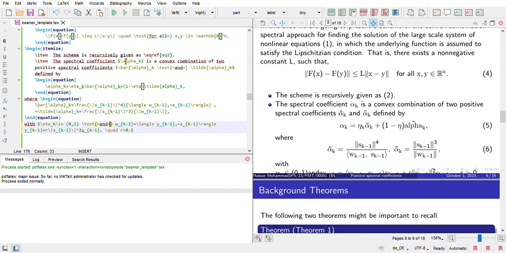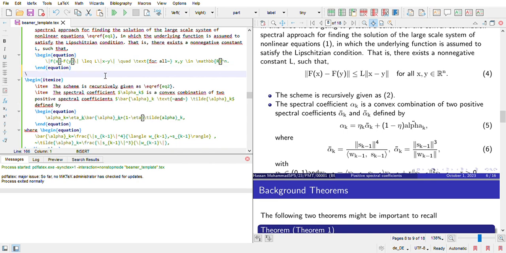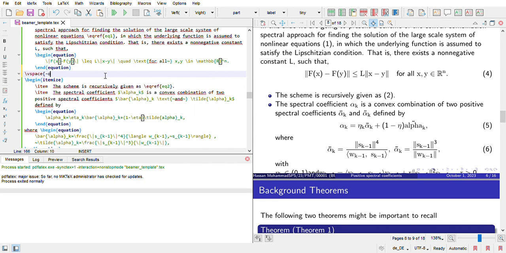So maybe what I will do is reduce the space between that equation and the itemize, maybe minus 0.5 centimeter.